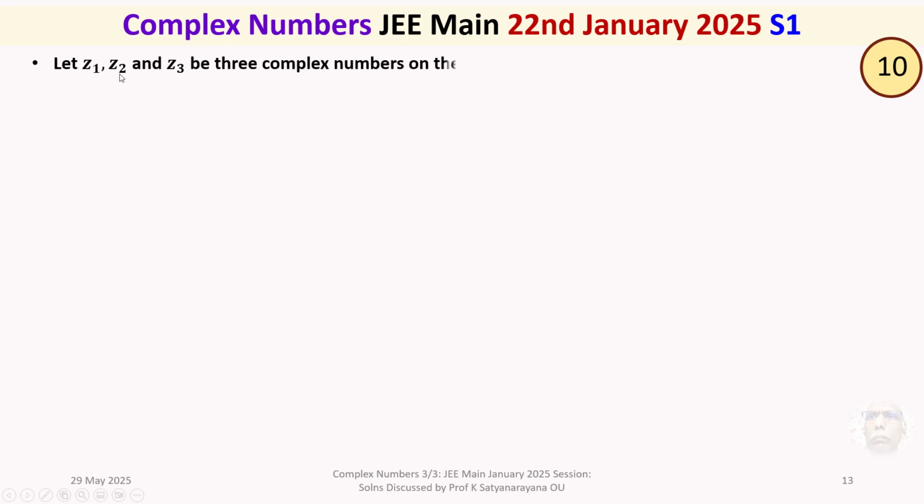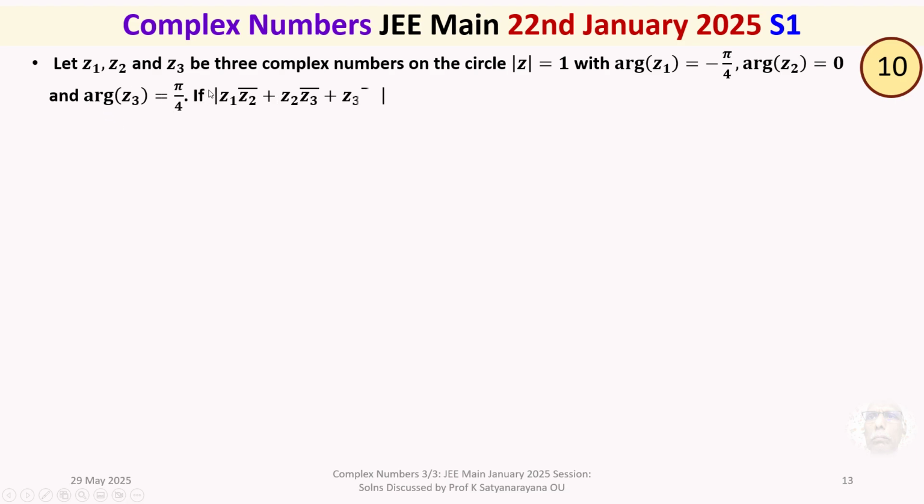Let Z1, Z2, Z3 be three complex numbers on the circle |Z| = 1, a unit circle with center 0 and radius 1, with argument of Z1 = -π/4, argument of Z2 = 0, and argument of Z3 = π/4. If |Z1 Z2bar + Z2 Z3bar + Z3 Z1bar|² = α + β√2, where α and β are integers, then the value of α² + β² is.